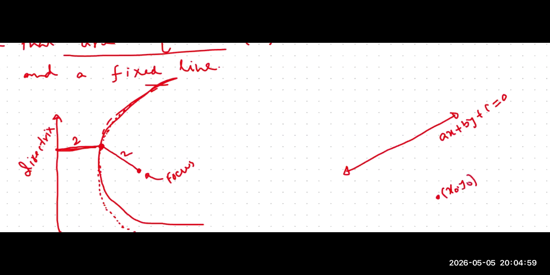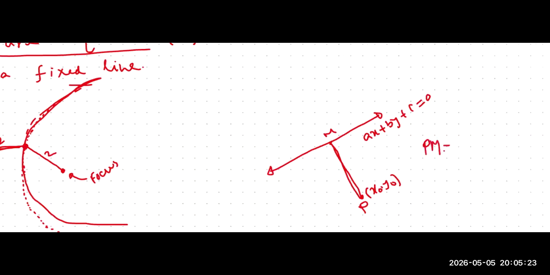So this is the perpendicular distance. Let's say the coordinate of this point is P, and the bottom point on this line is M, and this PM is perpendicular to the straight line ax plus by plus c equal to 0. And we want to calculate this length PM.